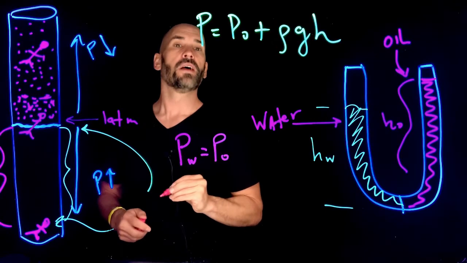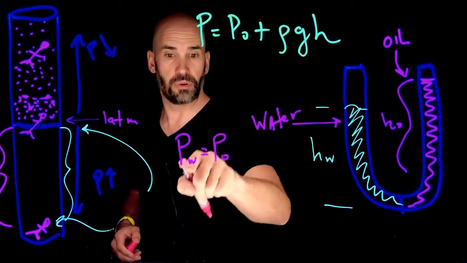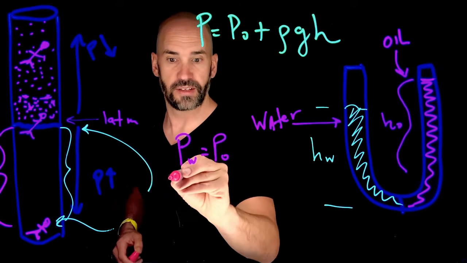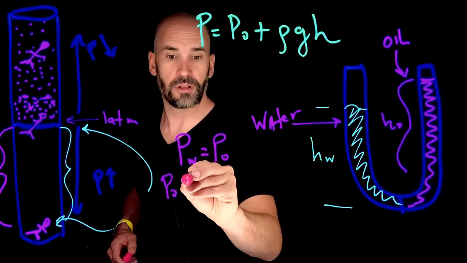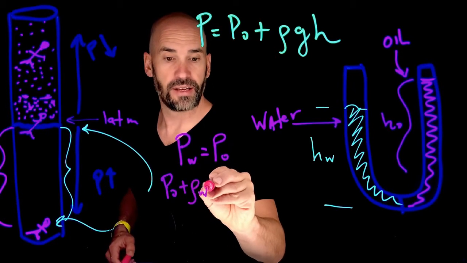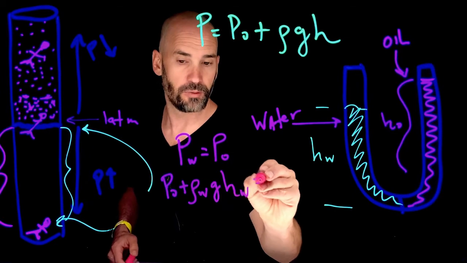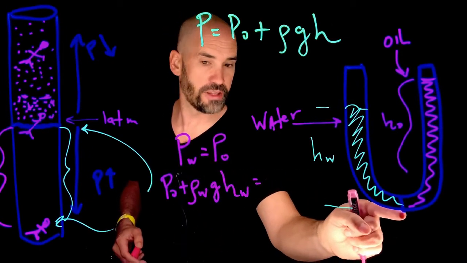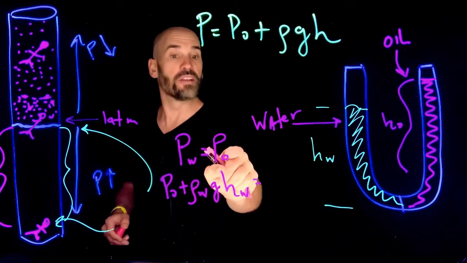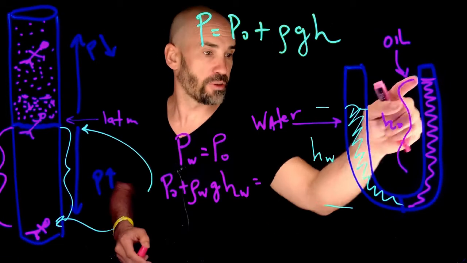Okay. So now, this means that we could just take this equation and put it in there for the pressure of the water. So that's P0, the atmospheric pressure at the top, right? Plus the density of water times G times HW, the height of the water, right? This equation here, that is the pressure of the water right there. But that has to equal the pressure of the oil, right? So what is the pressure of the oil there?